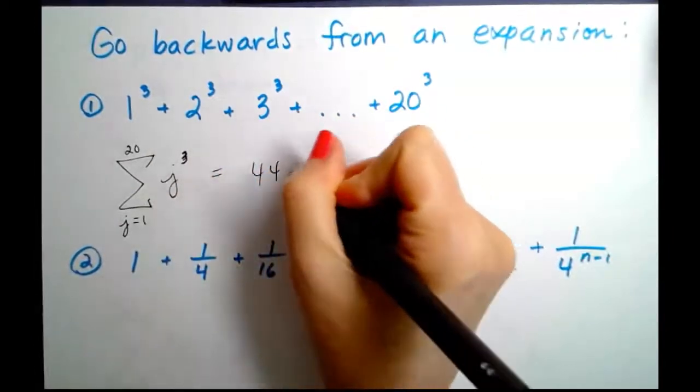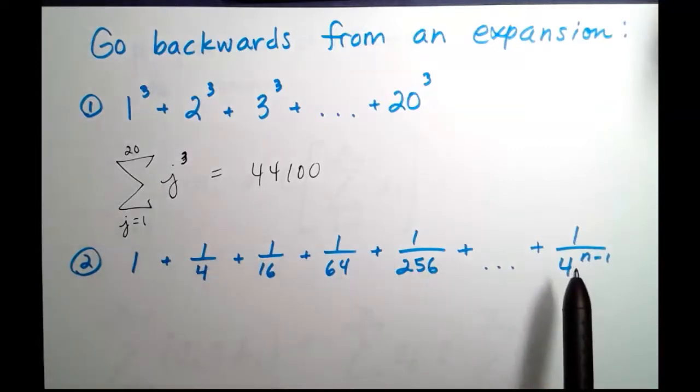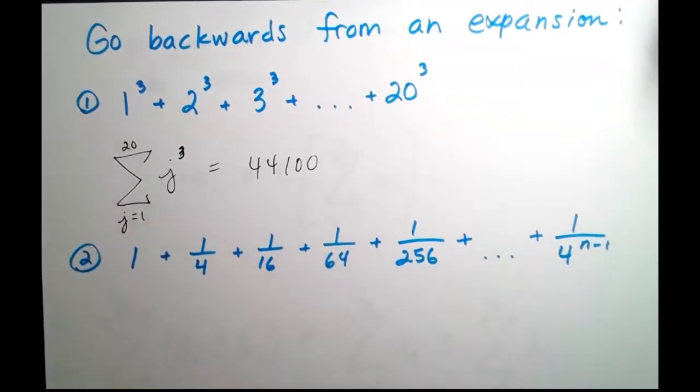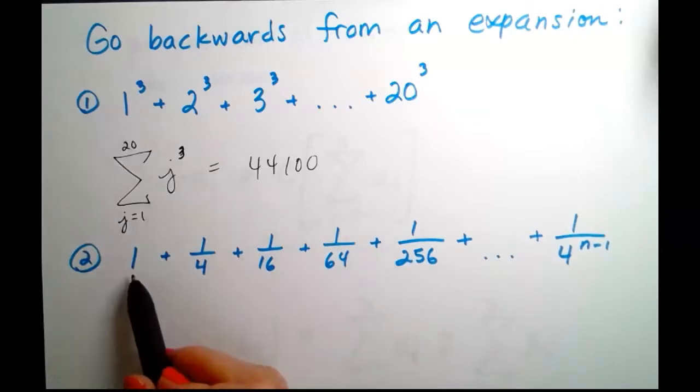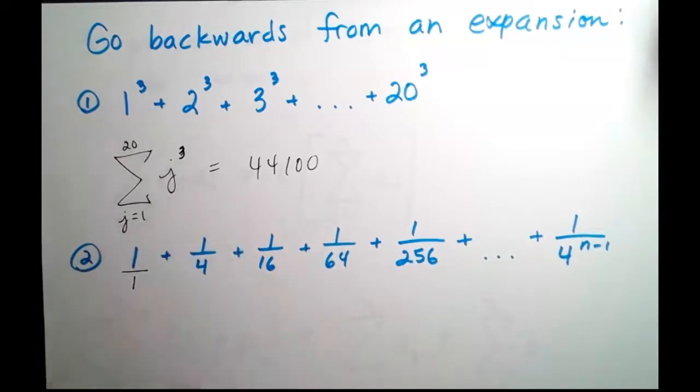To the bottom, what's changing, what's the same? Well, across the board on the bottom, we have a numerator that's equal to 1. So what is changing? Our denominators. So I'll give you a little helpful hint here. If you ever see the whole number 1, remember it's over 1.